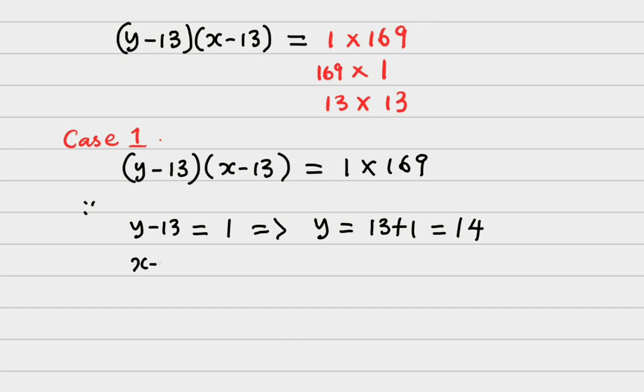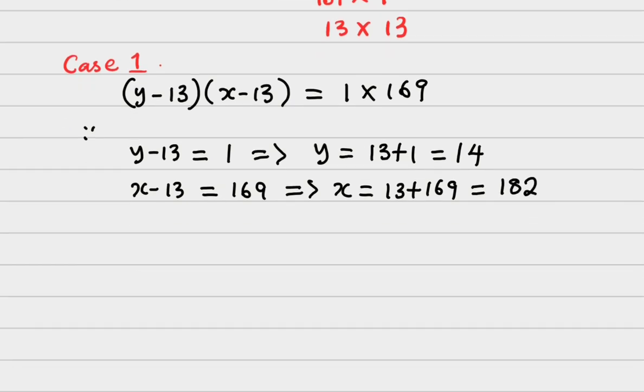Or x minus 13 is equal to 169, which implies that x is equal to 13 plus 169. The answer should be 182. I'm done with that, so I'll move to the second case.